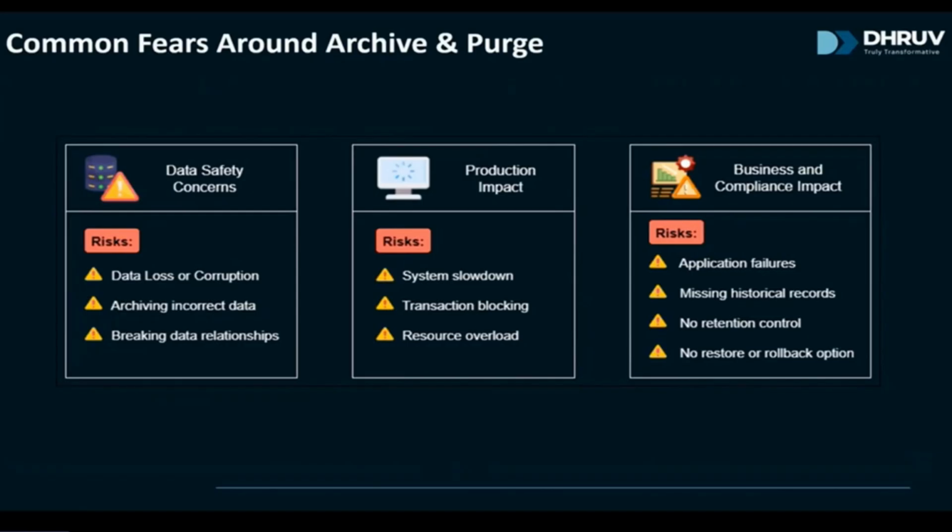Third is business and compliance risk, ensuring audit requirements are met, retention is controlled, and data can be restored or rolled back if needed. Because production systems are critical, organizations need strong control, validation, and restore capabilities before implementing archive and purge.